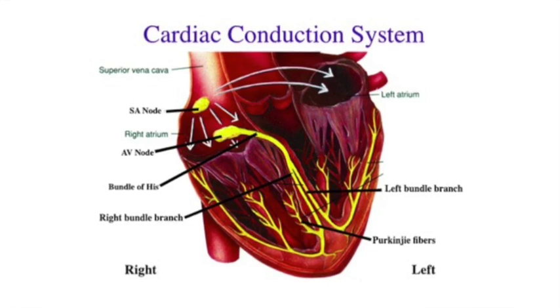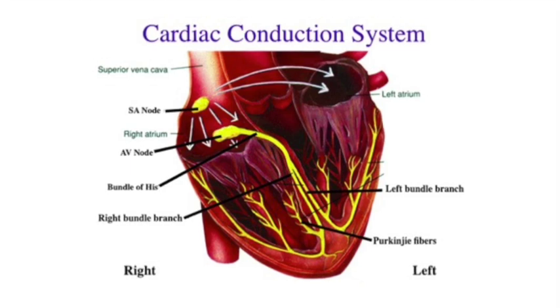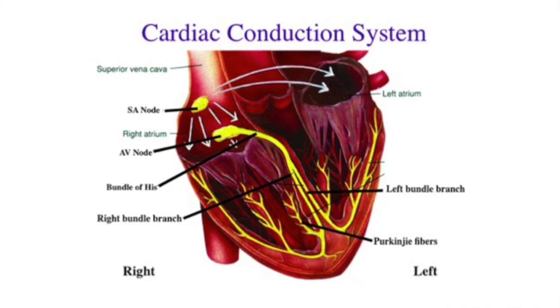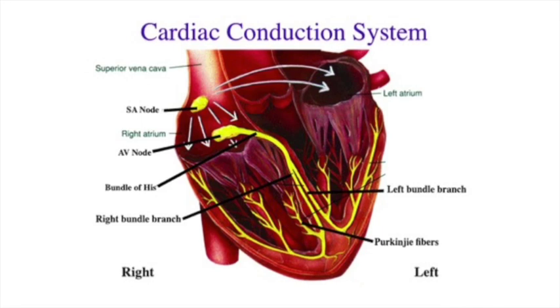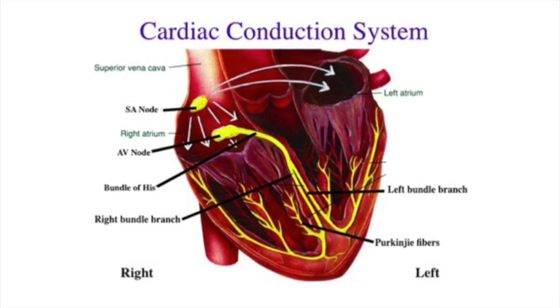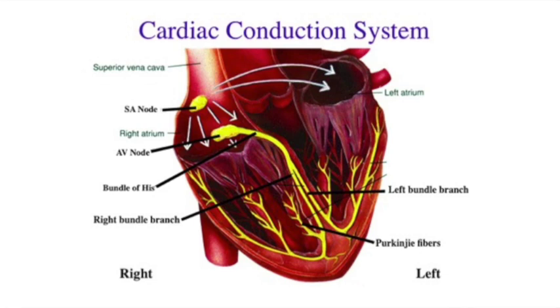Then, as we have two ventricles, this bundle of His gives two branches, right and left bundle branches, which end by very small fibers called Purkinje fibers that will supply every individual ventricular muscle fiber.